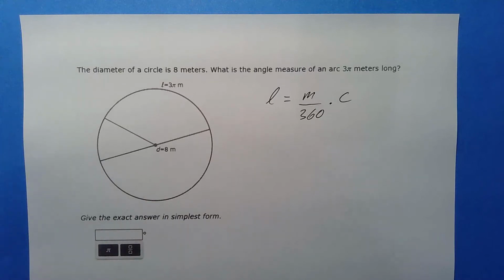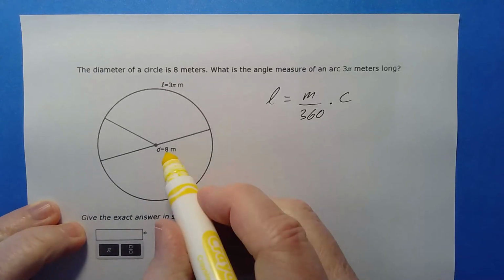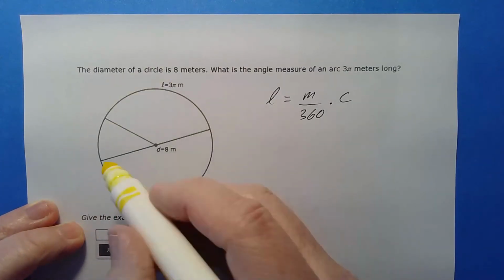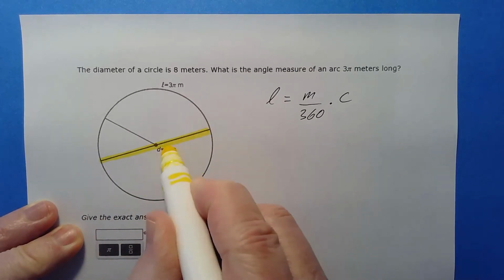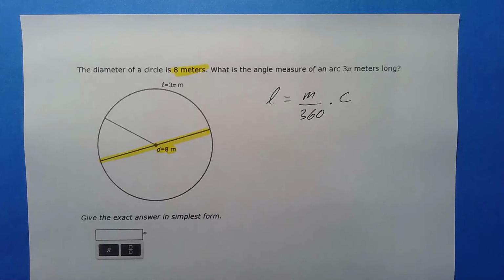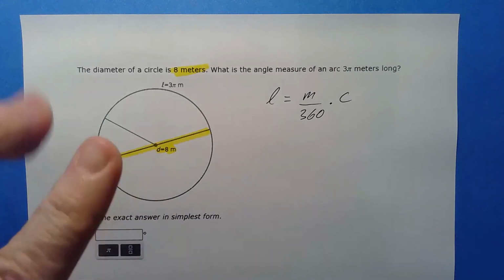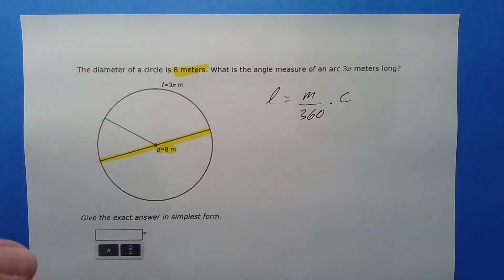So again, let's just kind of back up and look at what we have here. Again, the diameter of a circle is 8 meters. So let me just mark everything up here. I've got a diameter of 8 meters, right? I want to find out what the arc is in terms of the degrees, not in terms of the length, right?